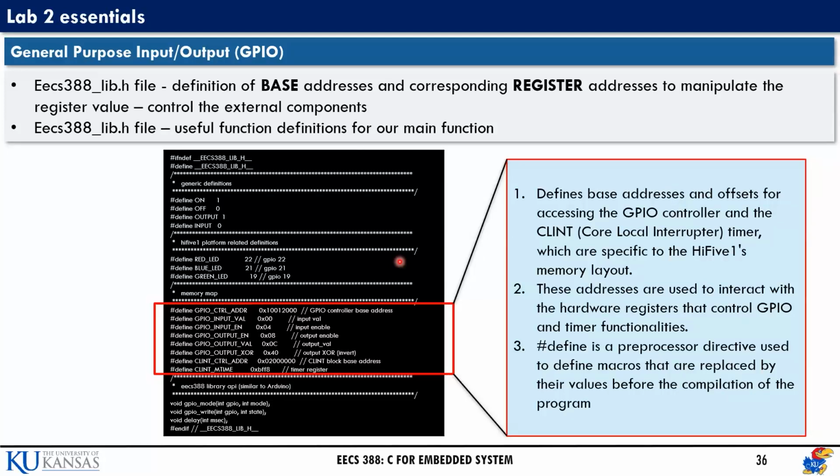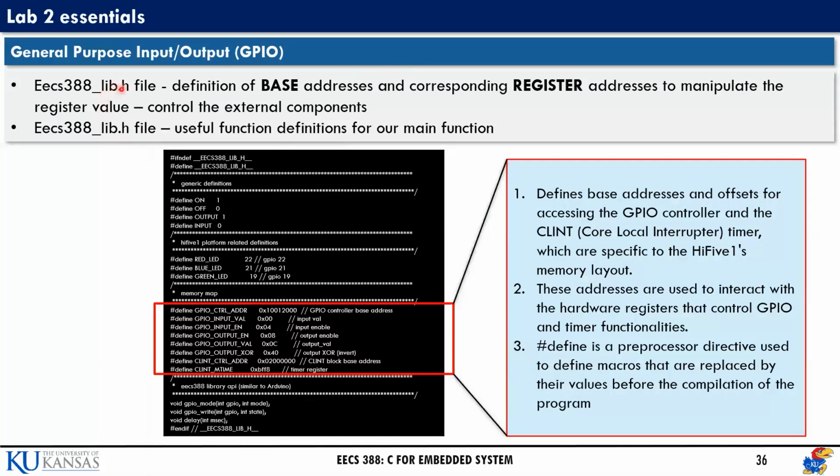So for lab 2, we will give you two library files. These library files have all the necessary information to connect the GPIO with the CPU and the addresses we need to access and modify.